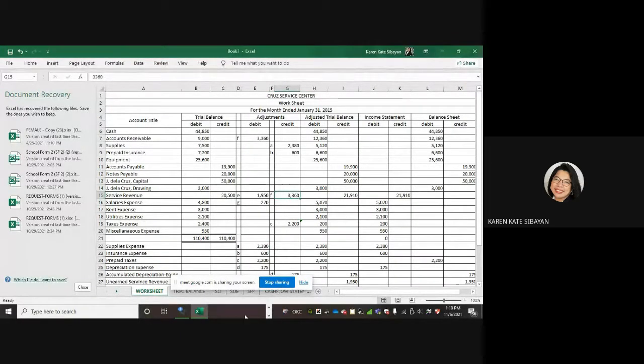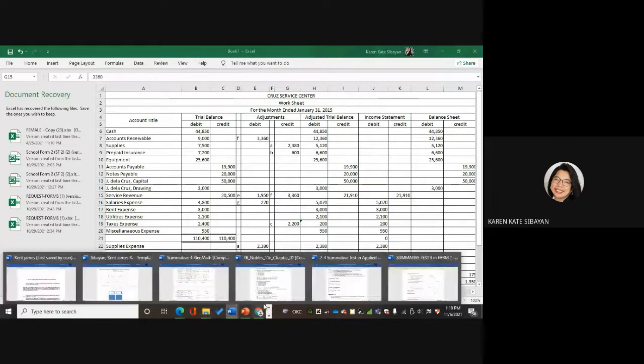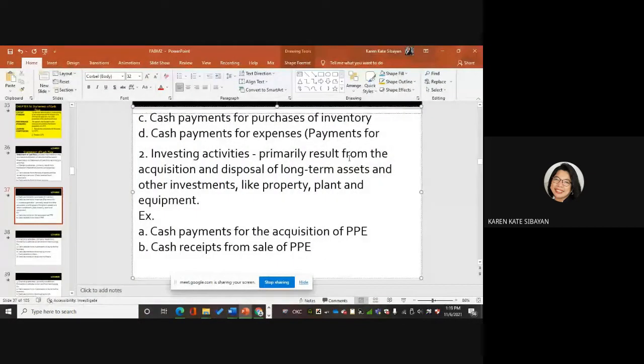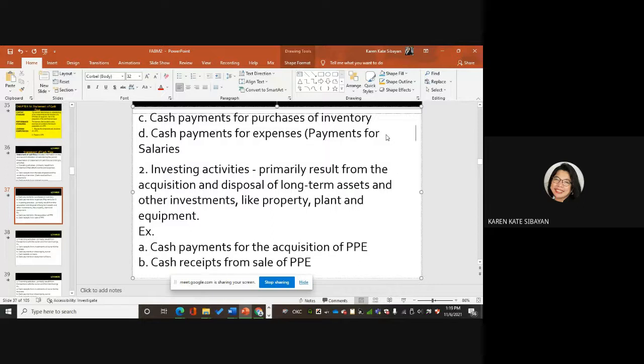These expenses are necessary so that your business can still operate. So, ilalagay na lang natin is, wait lang, nasaan na yung PowerPoint ko. Payments for, so pili na lang tayo dahil lagi namang may salary. So salaries and other operating expenses.